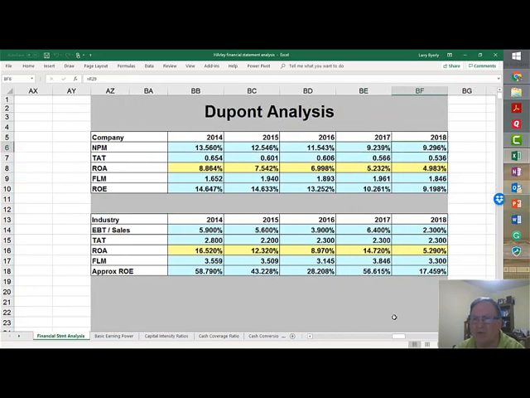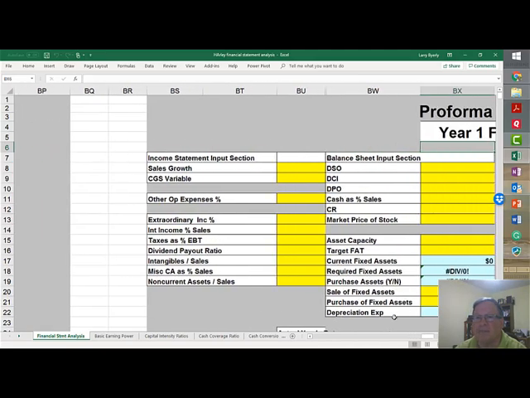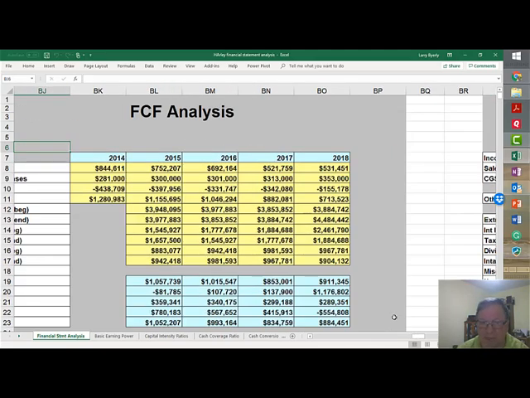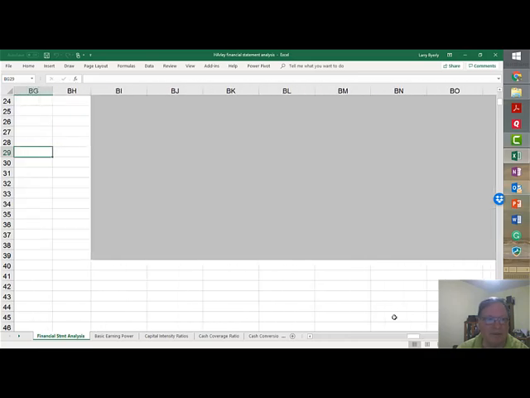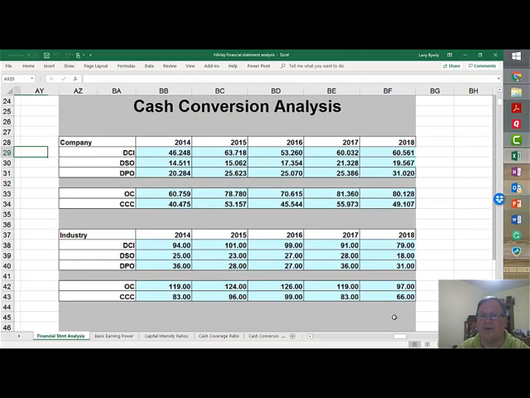There is something called the DuPont analysis that breaks down return on equity, and a free cash flow analysis that explores the components of free cash flow. And down below that, oops, I'm sorry, it's over here. Sorry, missed it. There is a cash conversion analysis section that looks at cash conversion.